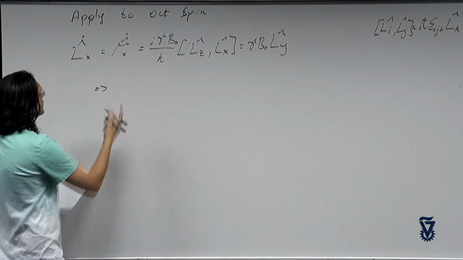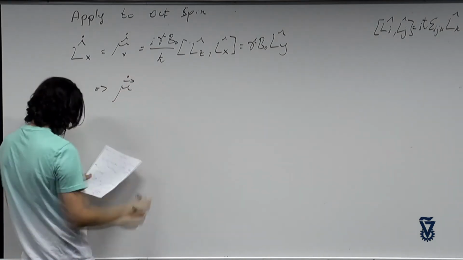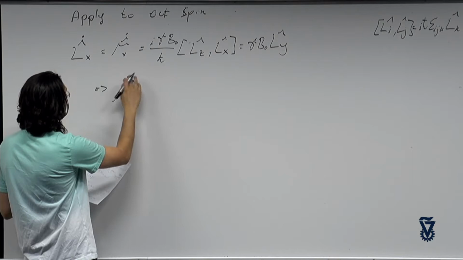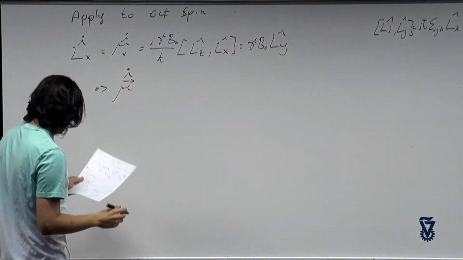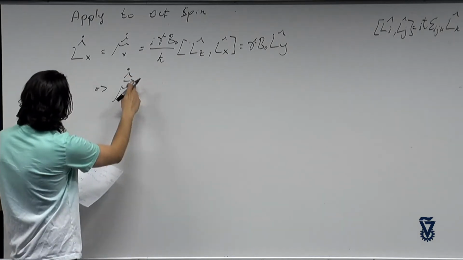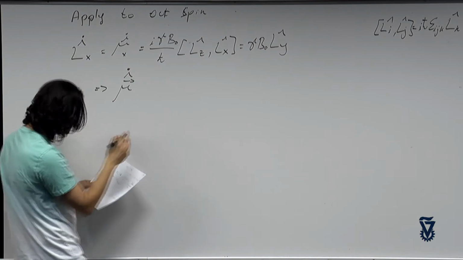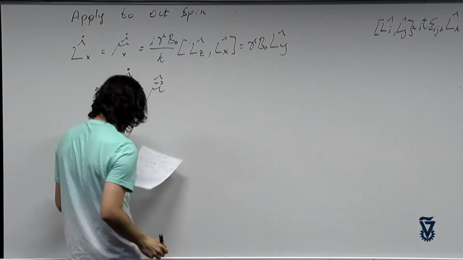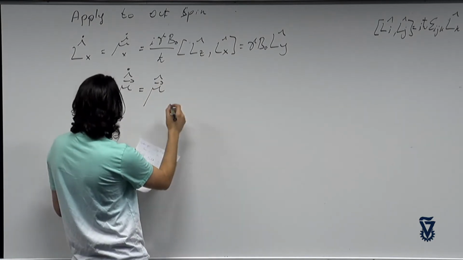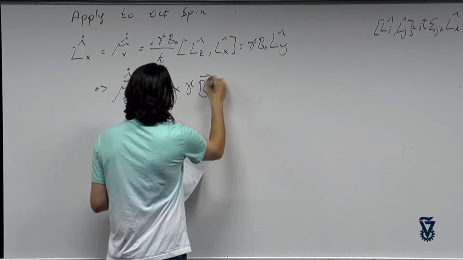And if we write this in vector form, so mu vector hat dot, so it's our operator, but it's the vector, so it's the three components, x, y, and z, and it's the time derivative. It will just be mu vector operator cross gamma b.